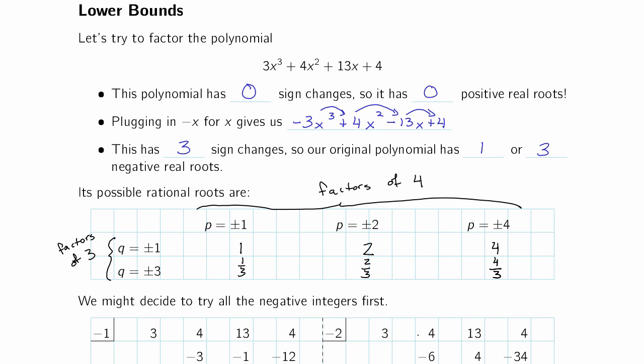And that's it. Ordinarily I'd say we have the positive or negative versions of each of these, but we already saw we don't have any positive roots, so really we only have the negative versions. We like integers, so we're going to try negative integers first.